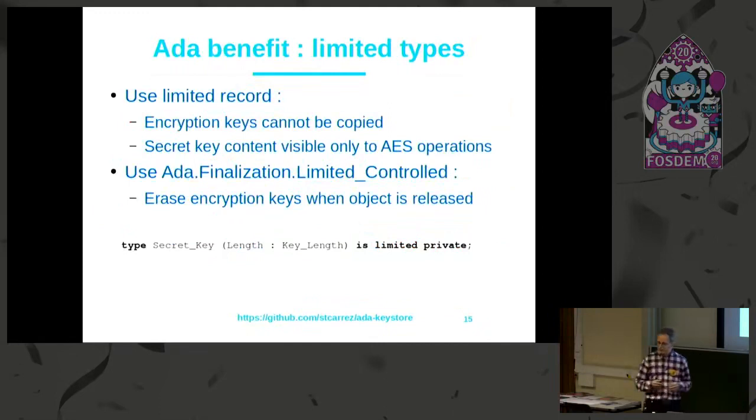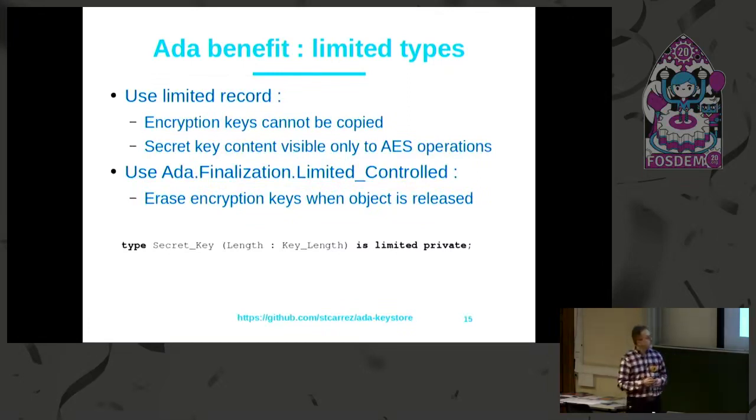So now I will describe a number of items that helped me to succeed in this project. I've used limited types to describe how secret keys are represented. It helps by making sure that once the secret key is initialized, nobody else can copy my secret key.